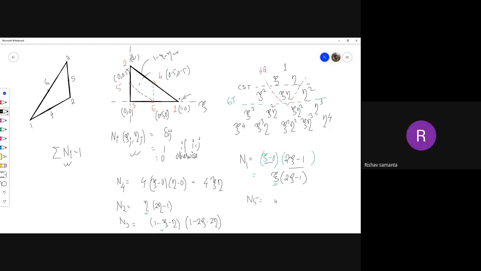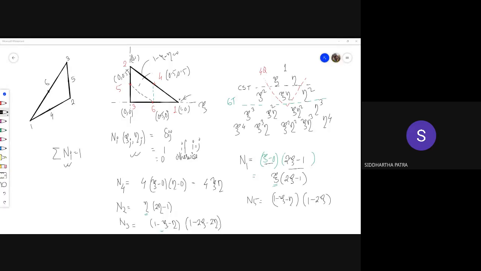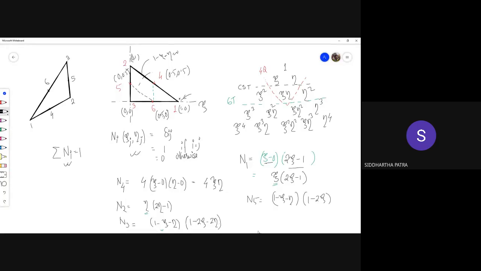1 minus xi minus eta into 1 minus 2 xi. 1 minus twice xi.